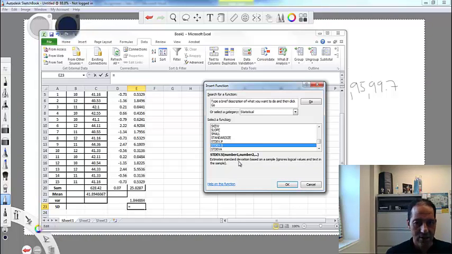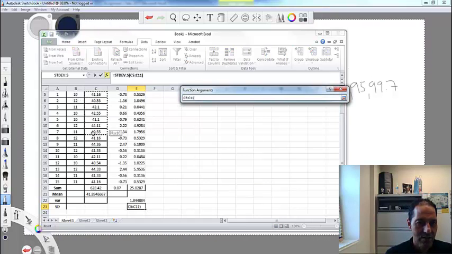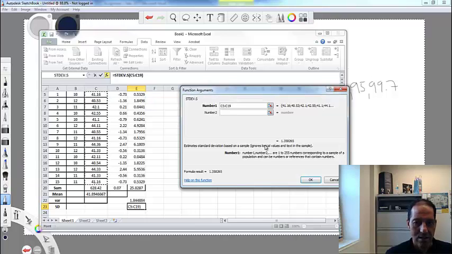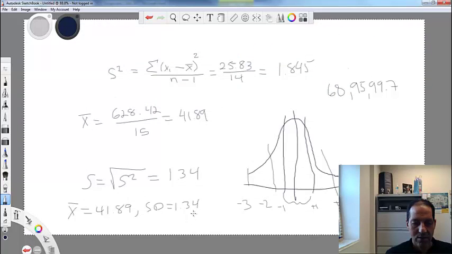Again, we highlight these values here, C5 to C19, and it equals 1.358. That's pretty close. I'm a little bit off here, but that's okay.